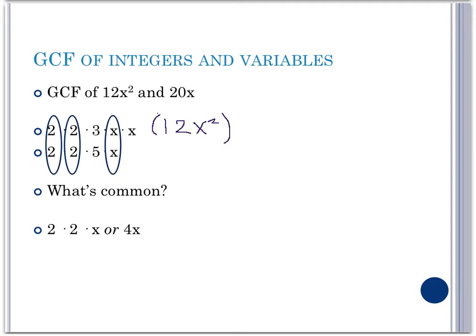That's 2 times 2 times 3 times x times x. Same with 20x. I labeled what those factors are, and the factors are 2 times 2 times 5 times x. I have circled what's in common. 2 times 2 times x is in common, meaning 4x is our greatest common factor.